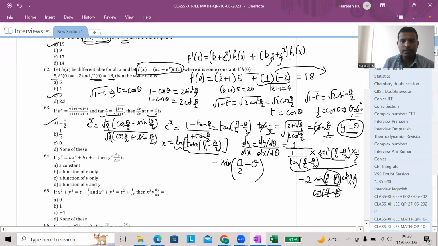They have given y square is equal to ax square plus bx plus c, and they're asking us to see whether y cube into d square y by dx square is a function of x or y alone. So start off by directly differentiating. Then we end up getting 2y y dash is equal to, when you differentiate ax square plus bx plus c, 2ax plus b.